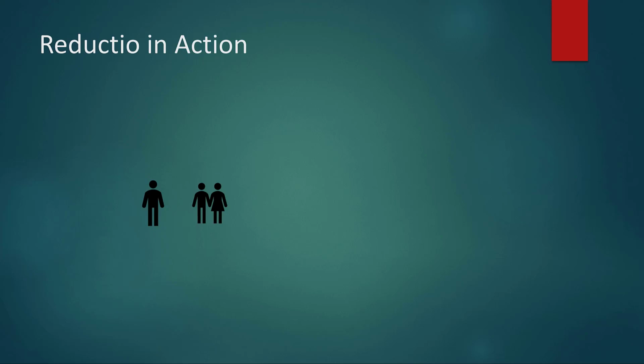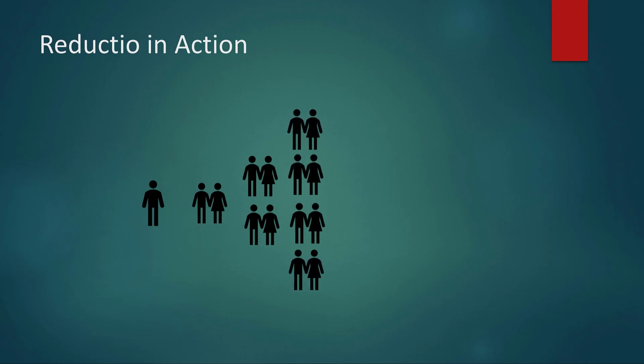And you may be wondering, how is this going to lead to something impossible or a contradiction? Well, here's how it can happen. If every human has to have two human parents, this means that the person's parents must also have parents. Let's say they have grandparents. And then, of course, those grandparents have to have parents, and so on. And here's where the problem comes in. Because if every human has to have human parents, this would go on to infinity.